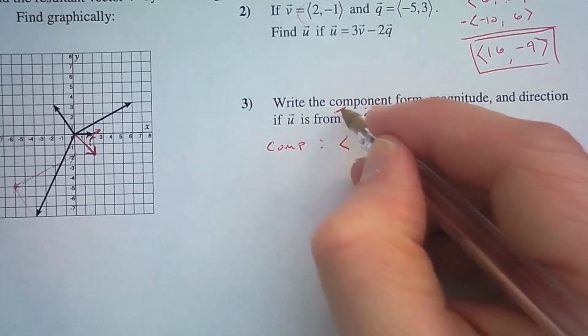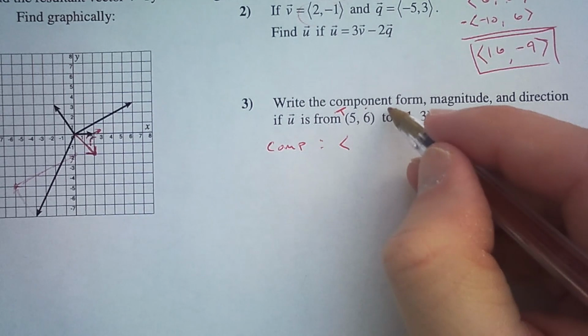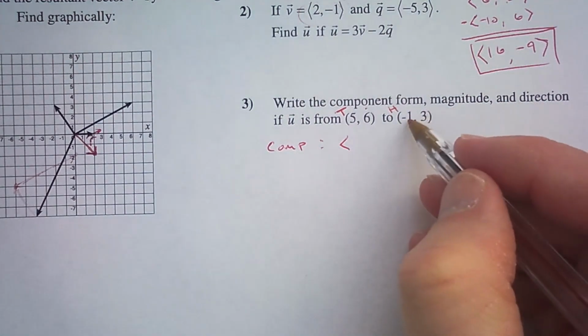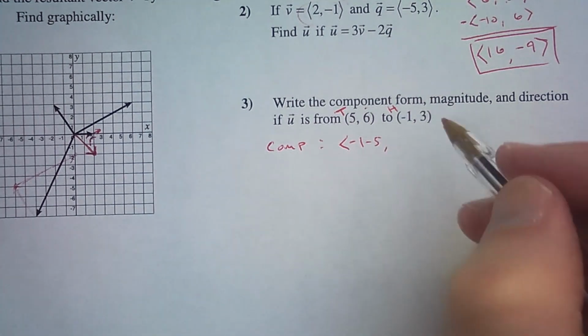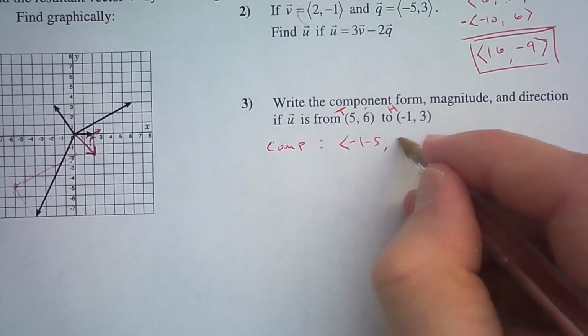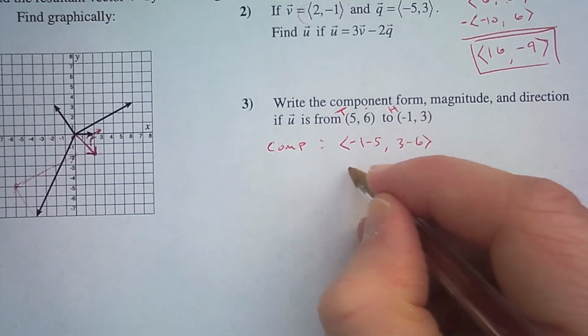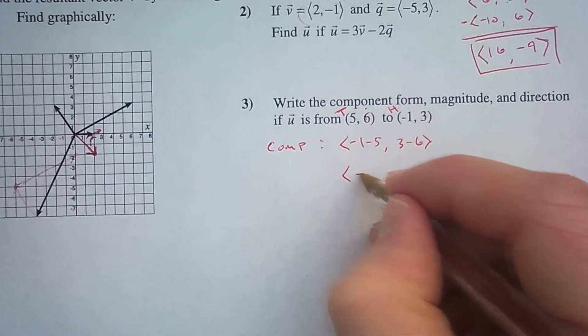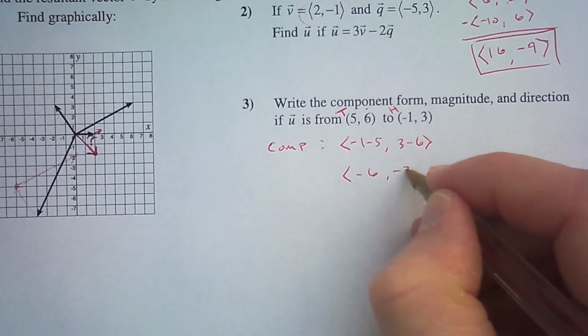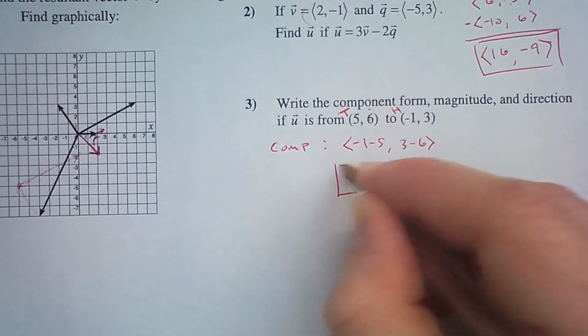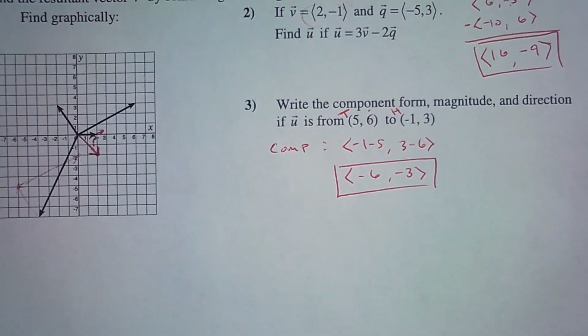So from, that's the tail, and to is the head. Head minus tail is negative 1 minus 5, and then 3 minus 6. Negative 1 minus 5 is negative 6. And 3 minus 6 is negative 3. So there it is in component form.